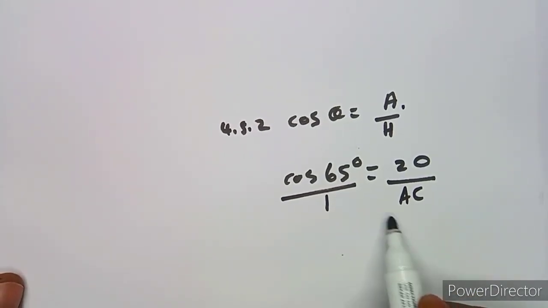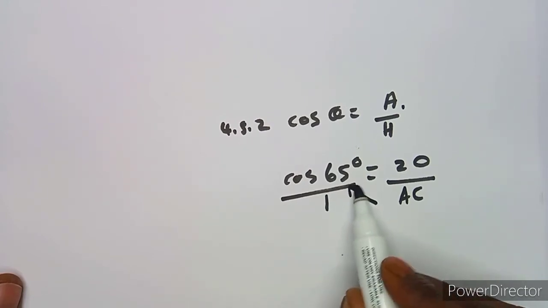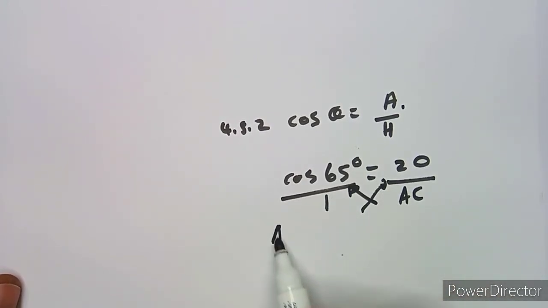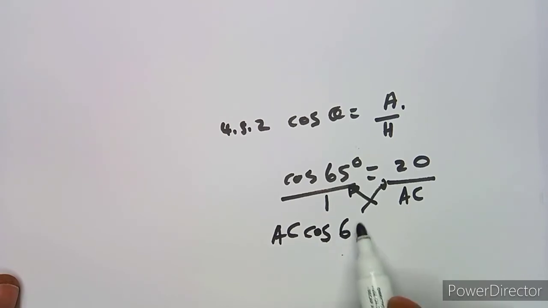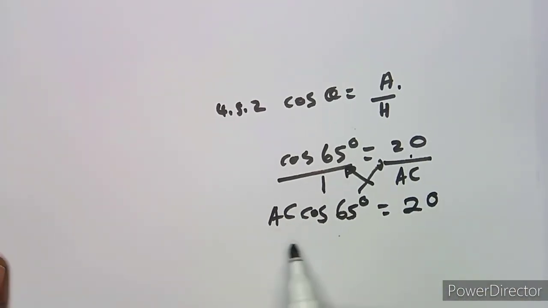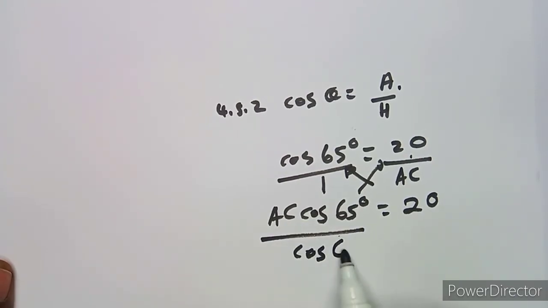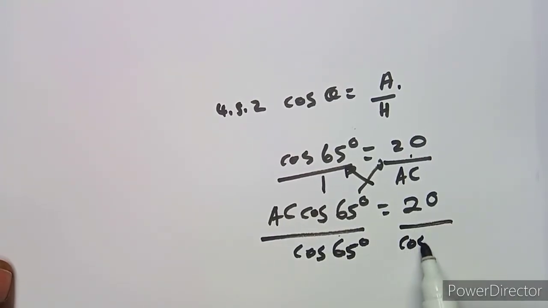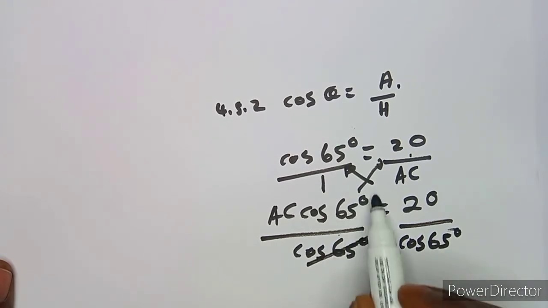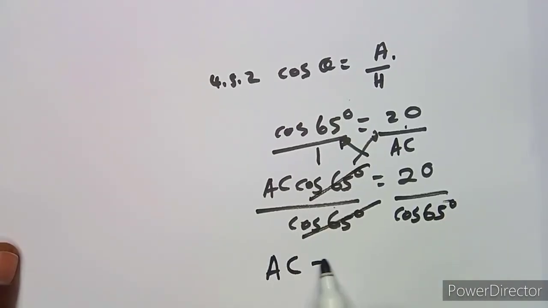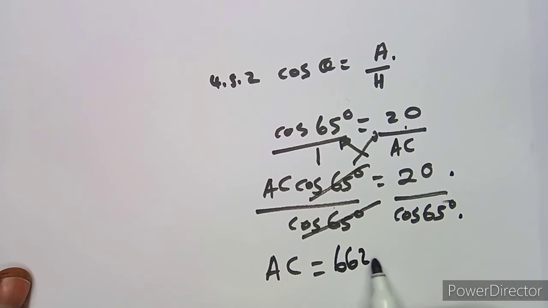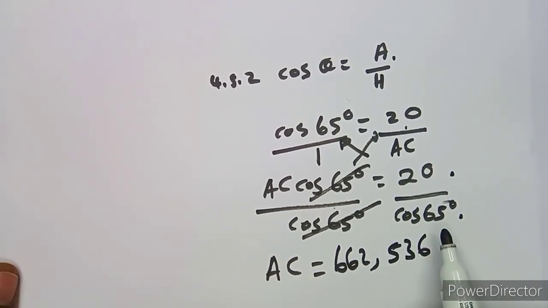It's going to be AC cos 65 degrees equal to 1 times 280. So to find AC, you divide by cos 65 on both sides, so you cancel this. That's AC is equal to 280 divided by cos 65, which is going to give us 662.536.